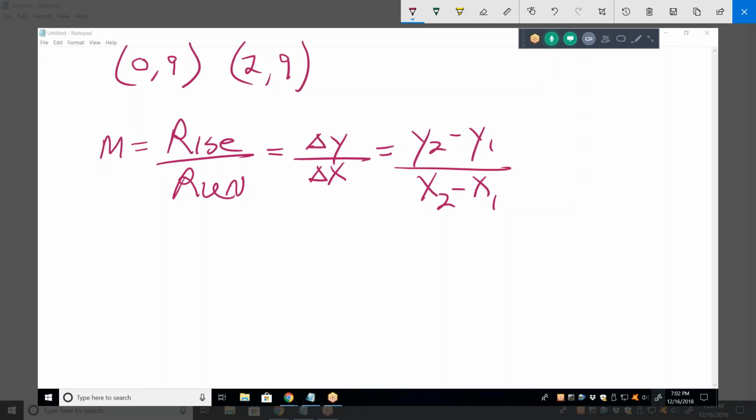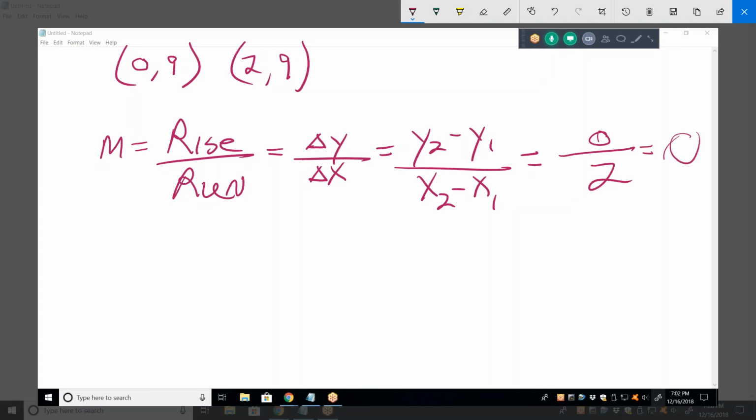So in our problem, what is y sub 2 minus y sub 1? That would be 9 minus 9, 0. Divided by 2. So our slope is 0.